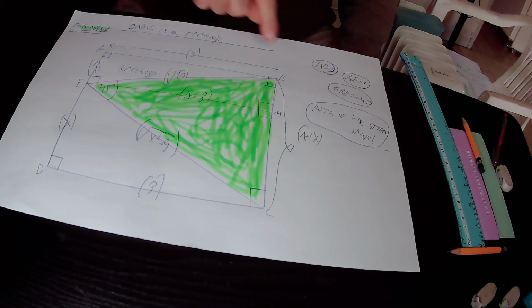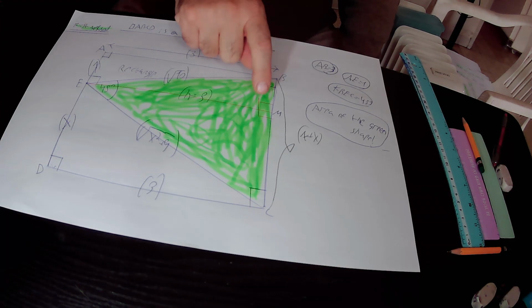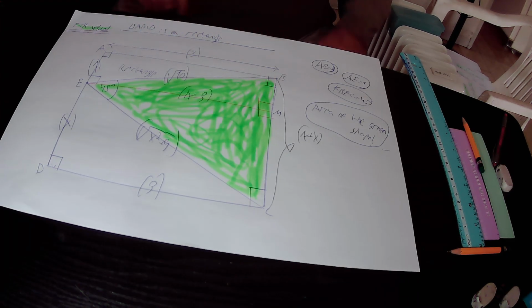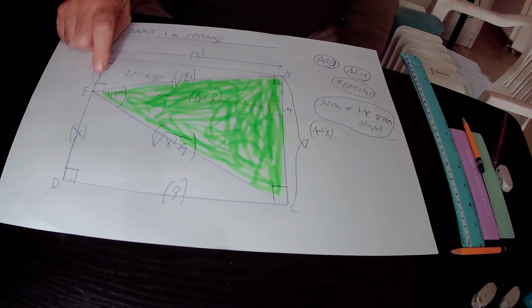Inside quadrilateral ABME, we have 1, 2, 3 right angles. The sum of 3 right angles is 270 degrees, so 270 degrees plus the size of this 4th missing angle, in total, must be equal to 360 degrees, according to the rule that the sum of the angles in any quadrilateral is equal to 360 degrees. And therefore, this 4th missing angle must be equal to 90 degrees in its size.